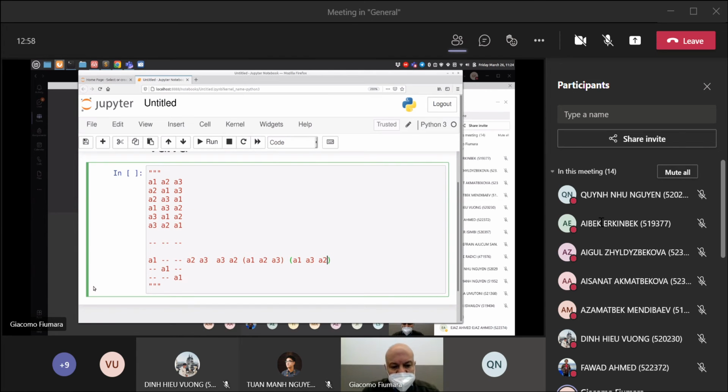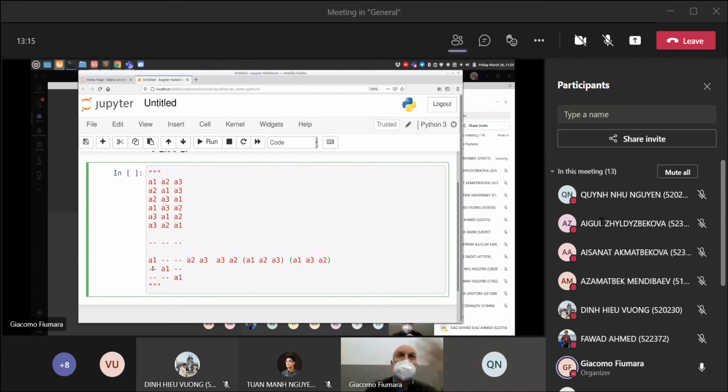Of course, if A1 is in second position, we have 2 possibilities. A3 may come in first position and therefore A2 in third, or vice versa, which correspond to this configuration and this.